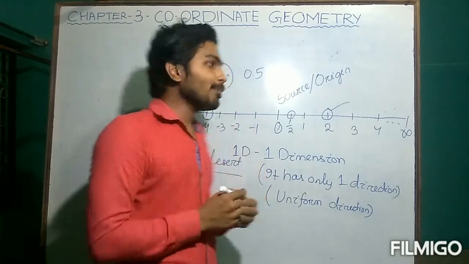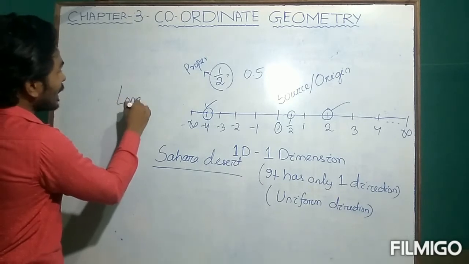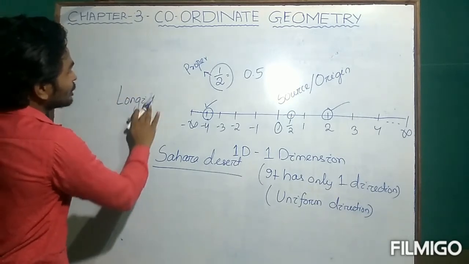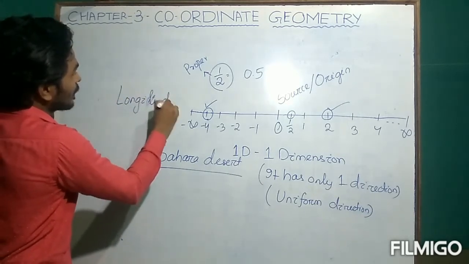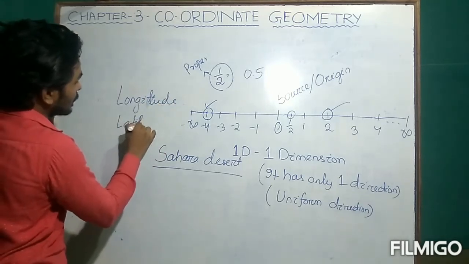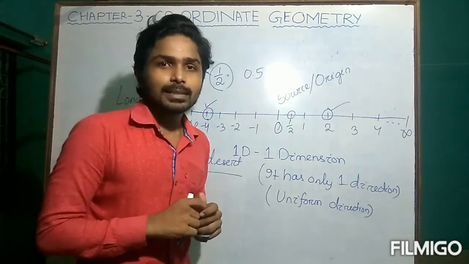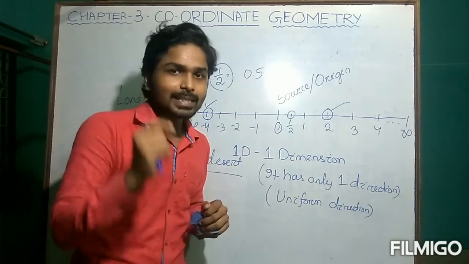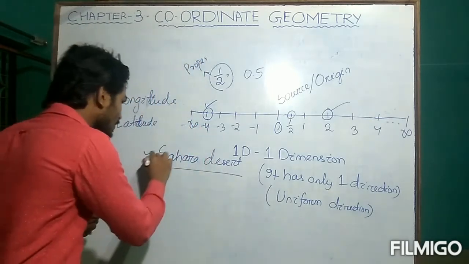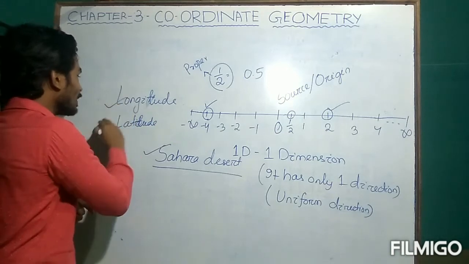But if we have longitude and latitude, then we can say the exact position of the Sahara Desert. That means in order to find the exact position of a place, we need two conditions.